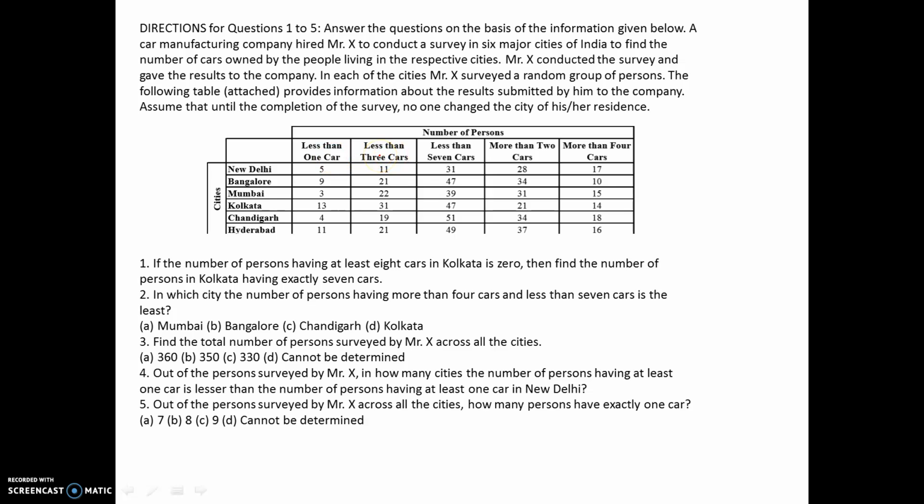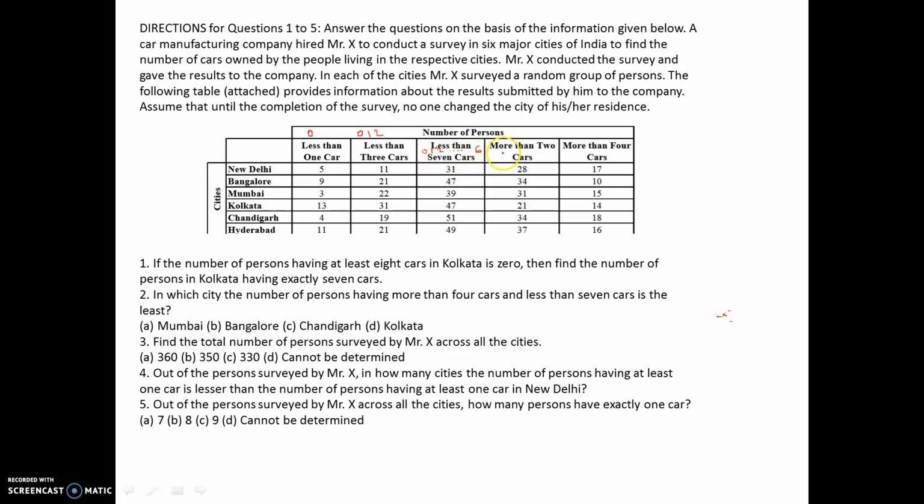Less than 3 cars. So for some clarity, suppose you needed some clarity, you could have thought like this: less than 1 car would have been 0, less than 3 cars would have been 0, 1, 2. So the number of people with 0 or 1 or 2 cars in New Delhi is 11, like that. Less than 7 cars, so it is 0, 1, 2 up to 6, right?